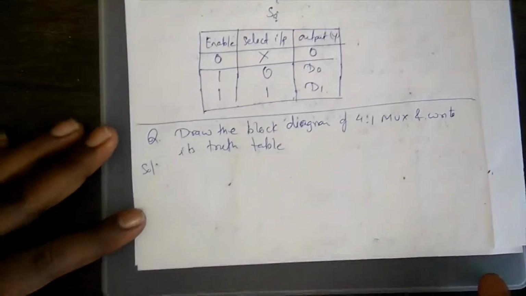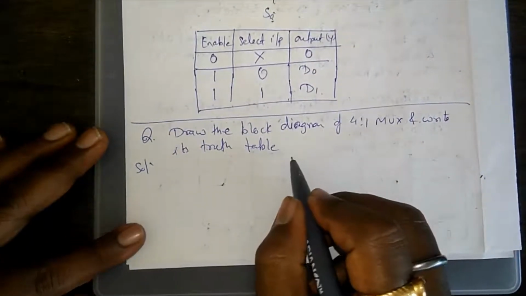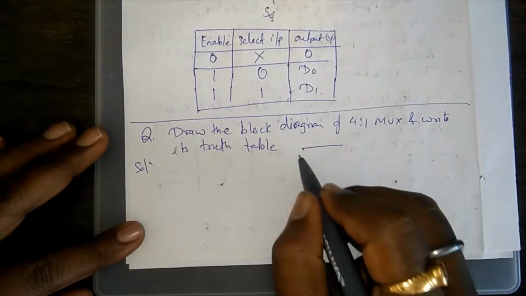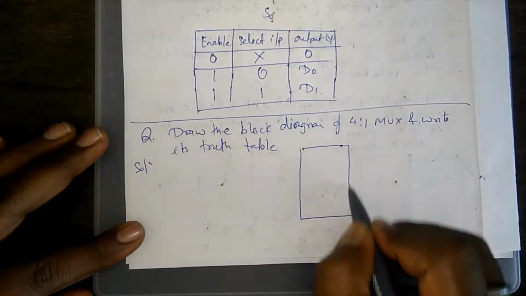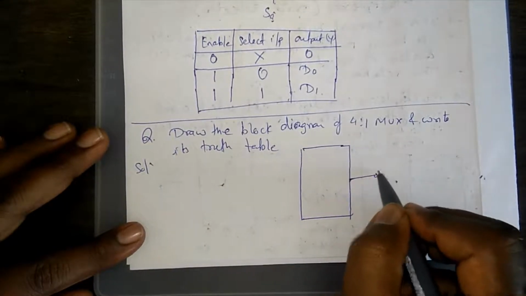Now the solution. Okay, so what do we have to draw? A block diagram first of all. Only one output, Y.